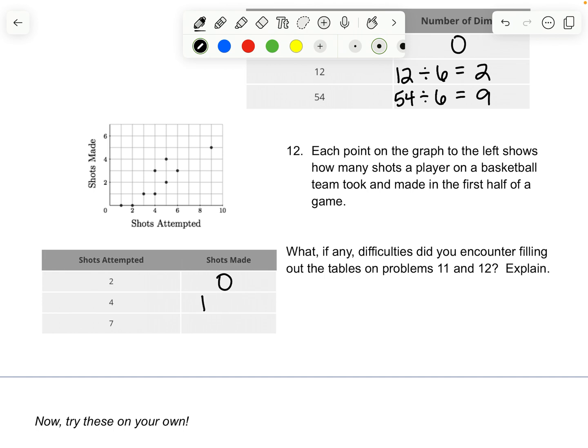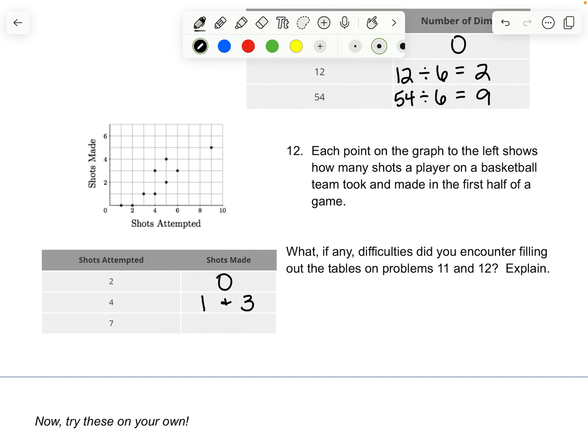So I'm going to put 1 and I'm going to put the number 3 because again, there are 2 dots. And then I'm going to look at 7 shots attempted. I don't see any points, so I can't even make adjustments. So I just have to leave that blank, unfortunately.